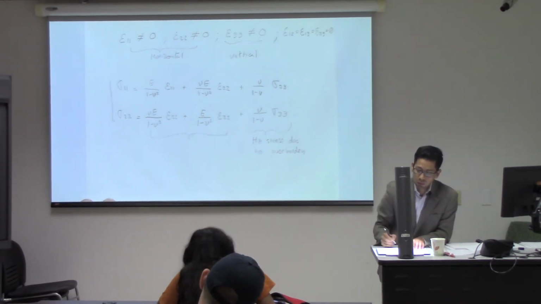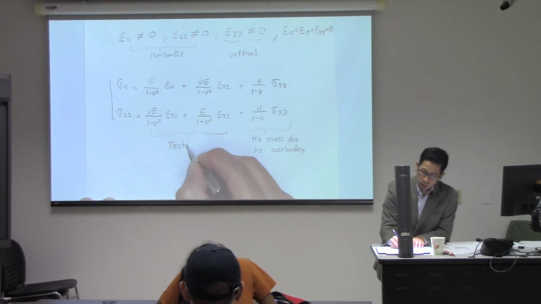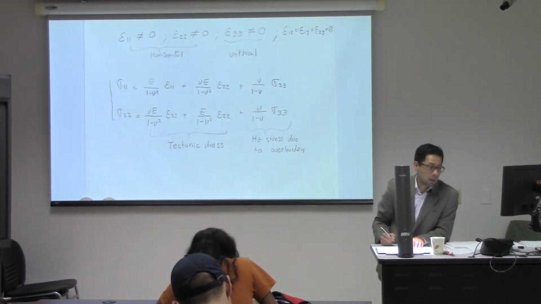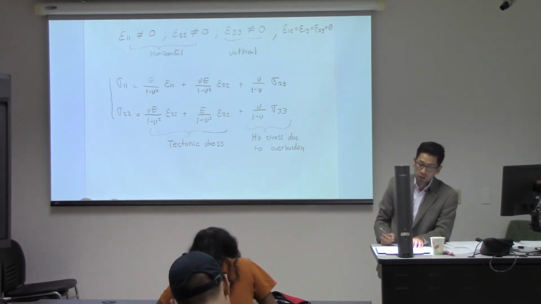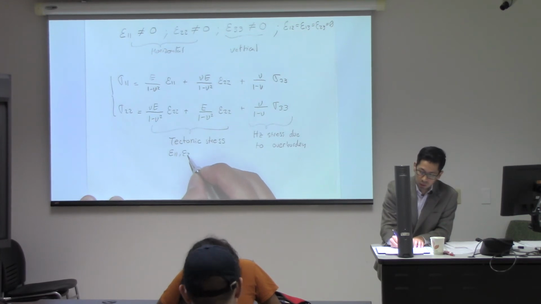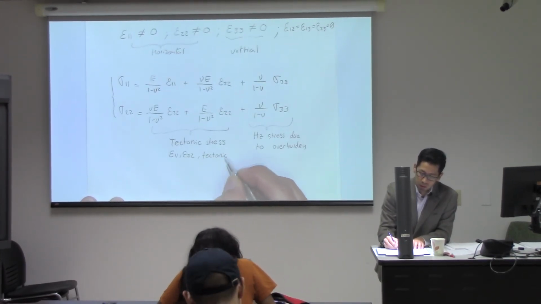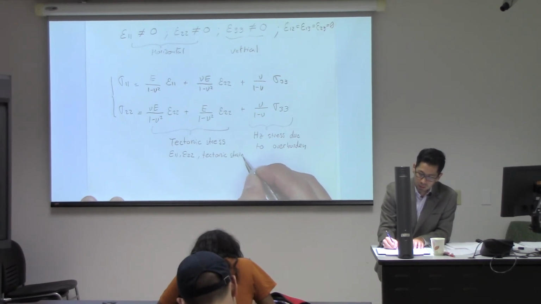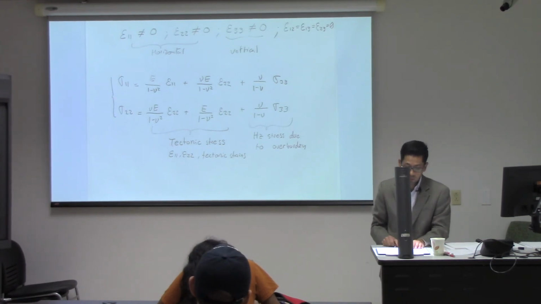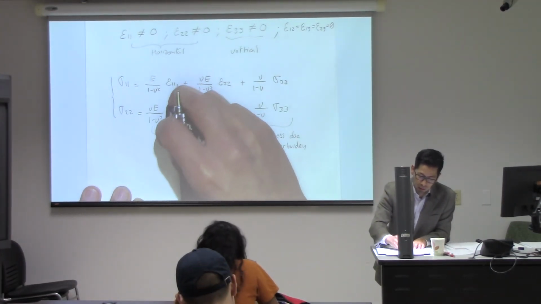Those two additional terms are the ones called tectonic stress. And because those are called tectonic stress, the epsilon 1,1 and the epsilon 2,2 are called tectonic strains.